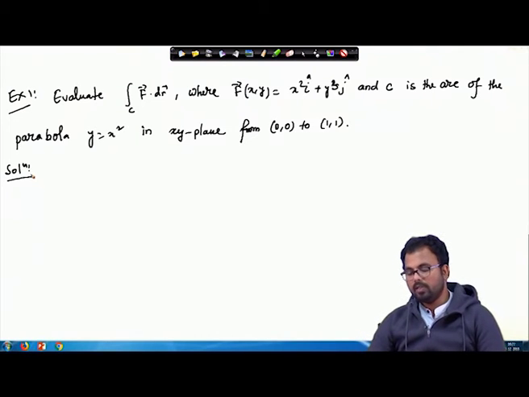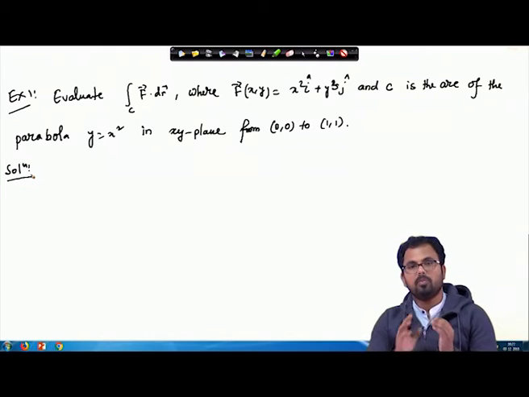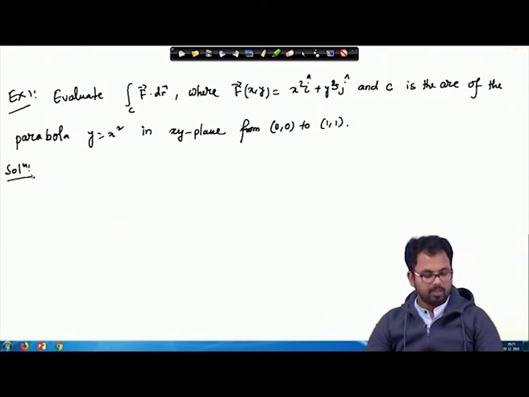So, basically here we have a vector function f, and we need to calculate the line integral of this function f along the curve C, where C is the arc of the parabola from (0, 0) to (1, 1).